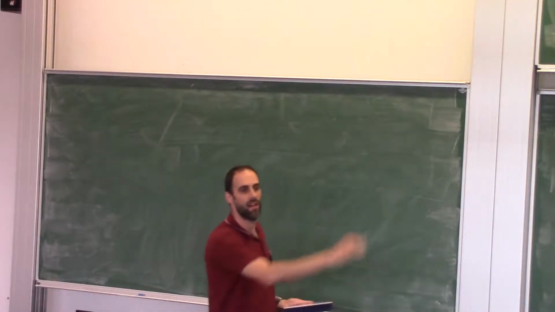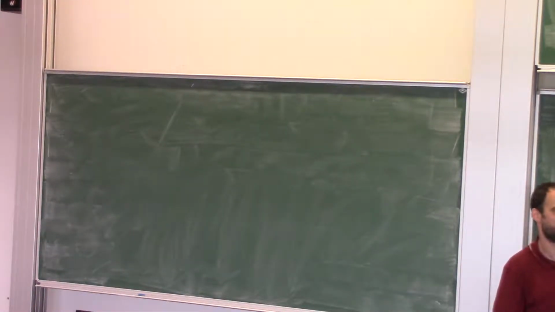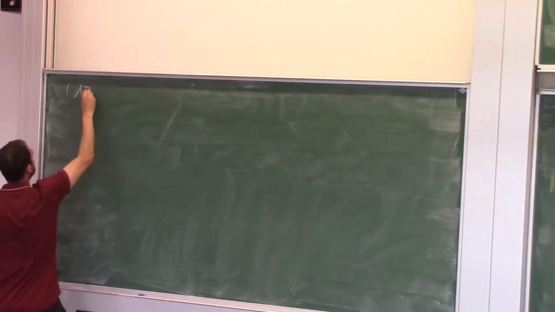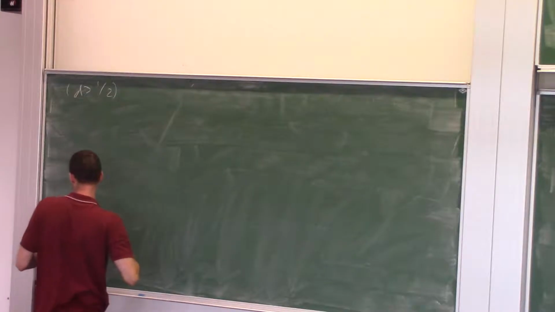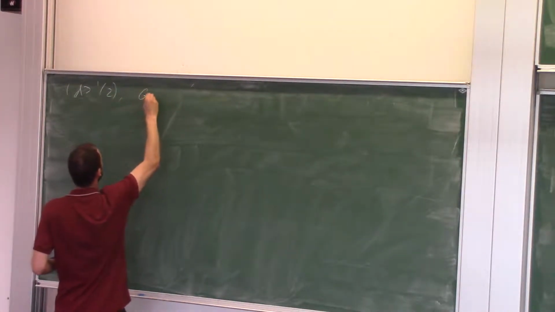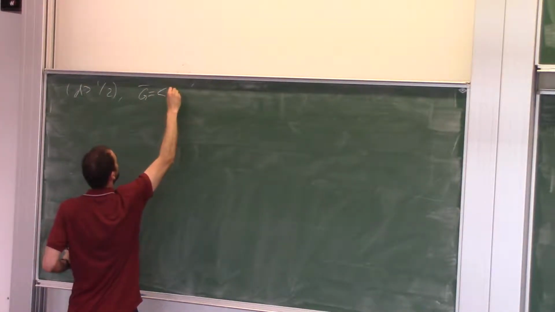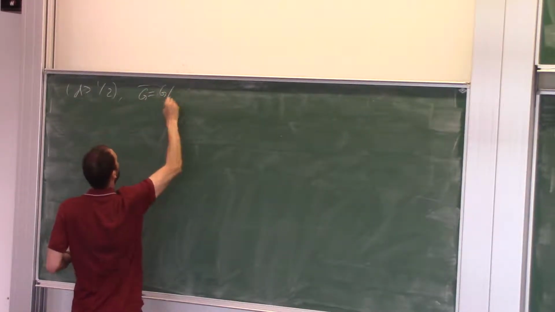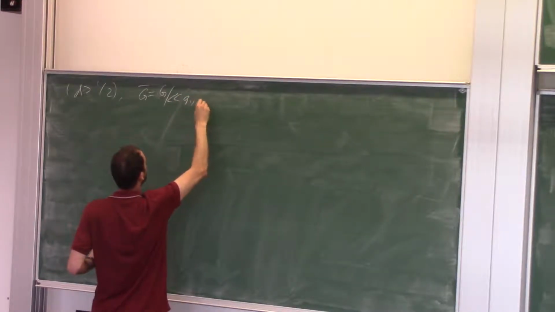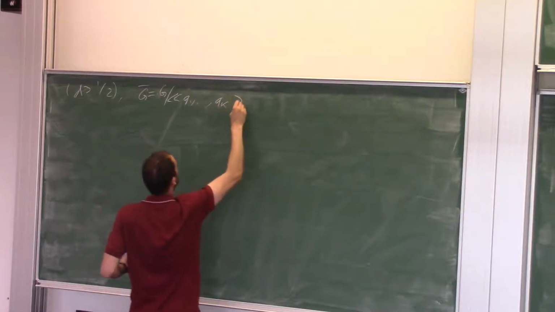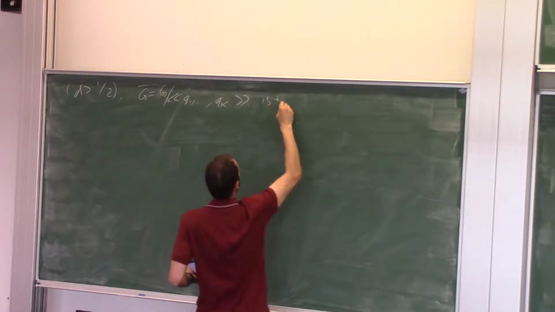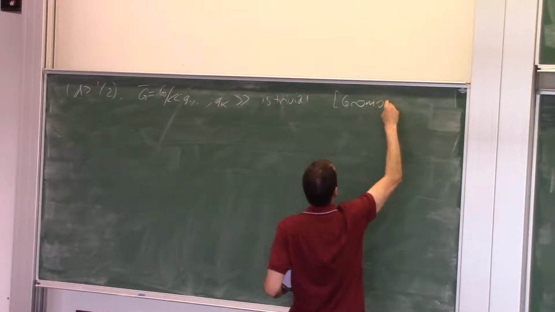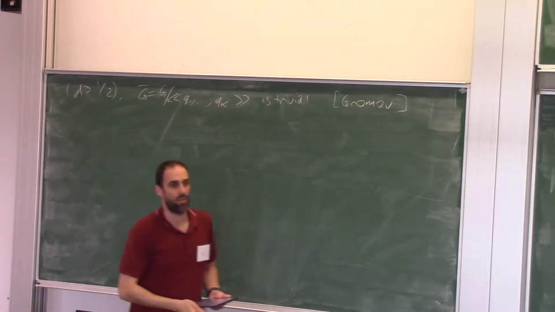So the next bunch of results are all for quotients of a free group as written down over there. So if your density is bigger than a half, then with overwhelming probability, G bar, which is just the quotient of G by these relations, is trivial. This is due to Gromov, right when he introduced the notion of random groups.